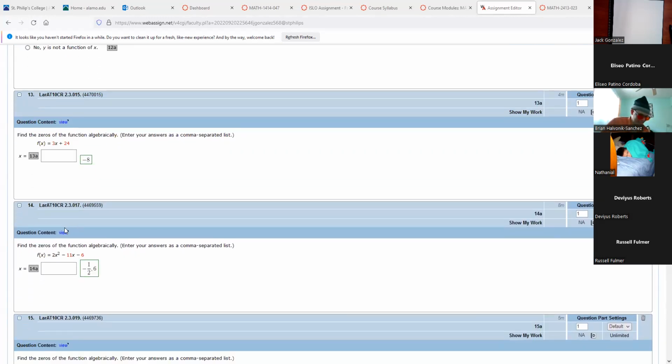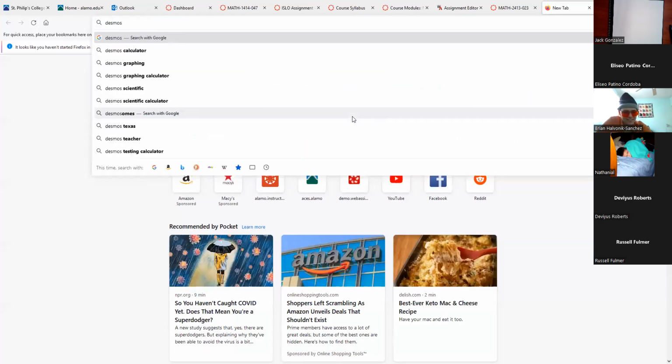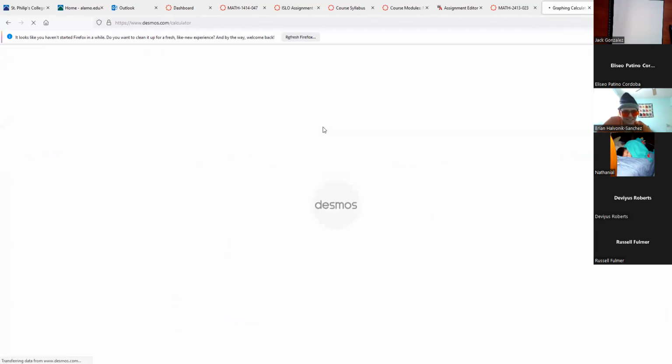Okay. On this, I think in this chapter or the next, you're going to see a lot of finding zeros. So let me pull out a graph here, just in case you forgot what a zero is.